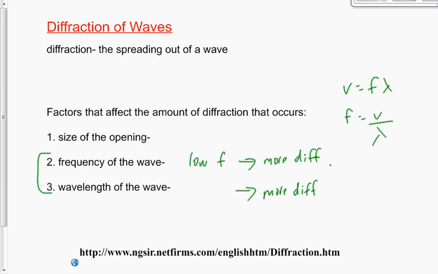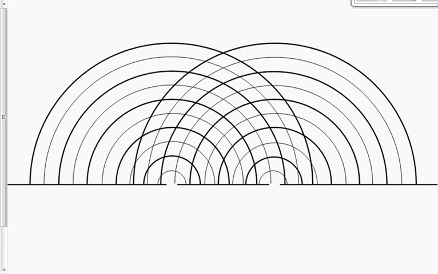What is it? Low or high? Going to be a high one. Good. A high wavelength causes more diffraction. In other words, the further the waves are apart, the more diffraction you're going to get, the more spreading out of the wave that you're going to get. Right? All right.